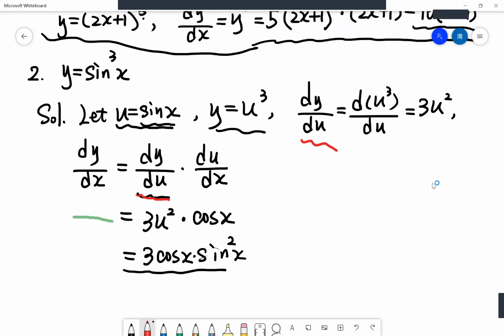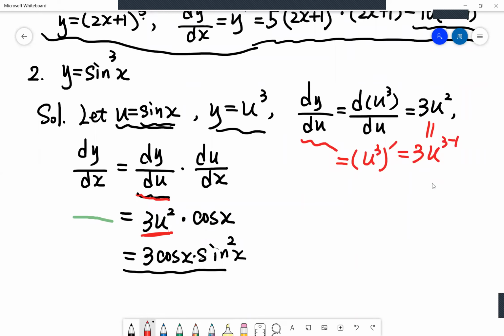So dy by du, maybe here we write prime so you can see clearly. So dy by du equals u power 3 prime, and u power 3 prime equals 3 times u to the power 3 minus 1. So that equals 3u squared. So this part, 3u squared.